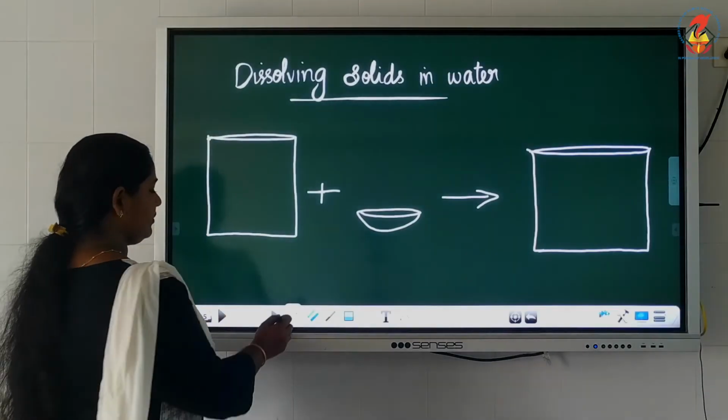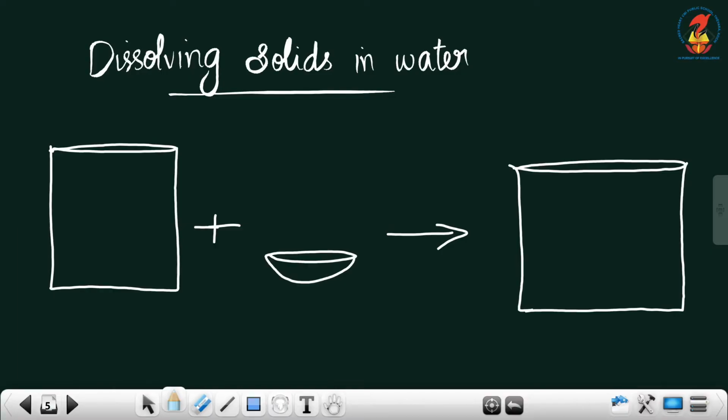Suppose I am taking 1 glass of water. I am showing the water will be made up of water molecules that you already know, isn't it? So 1 glass of water, I am showing the molecules like this in blue color.